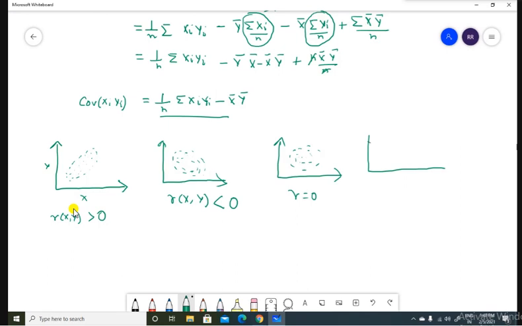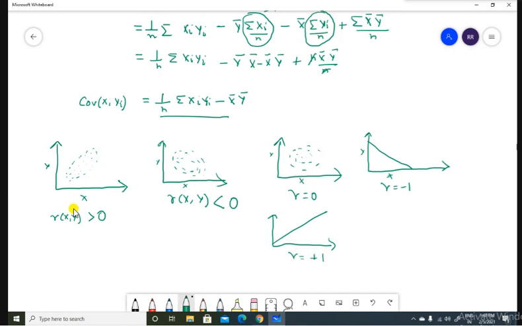If xi yi fall on a line like this, then r is equal to -1, and if they fall like this, r is equal to +1.